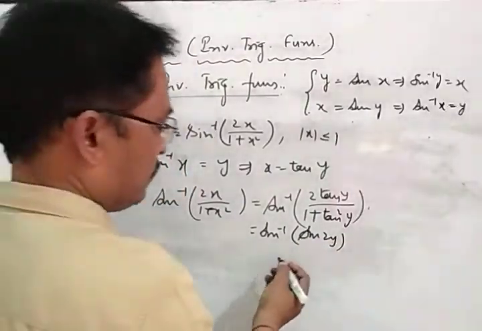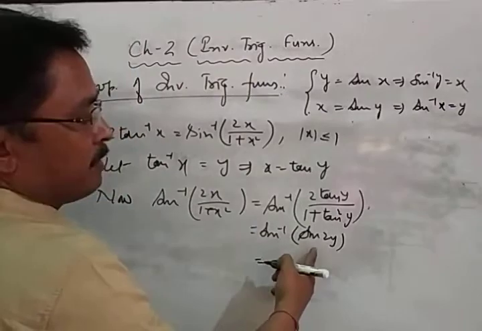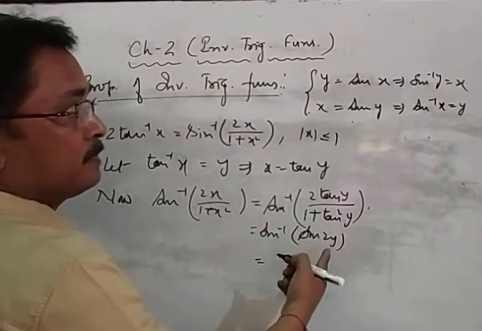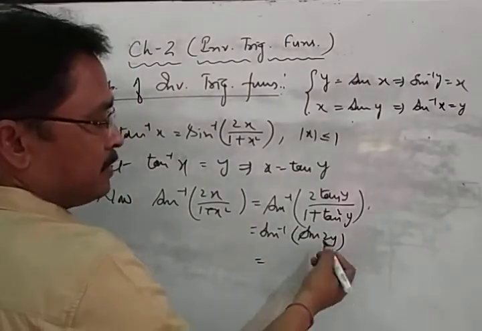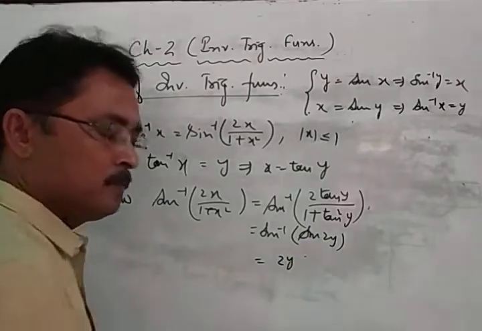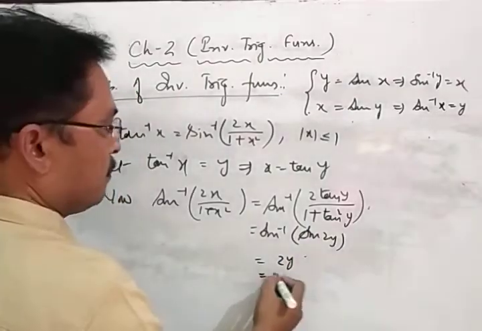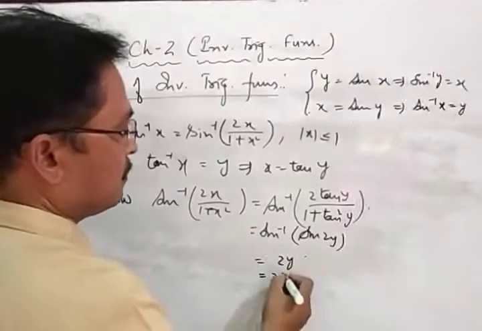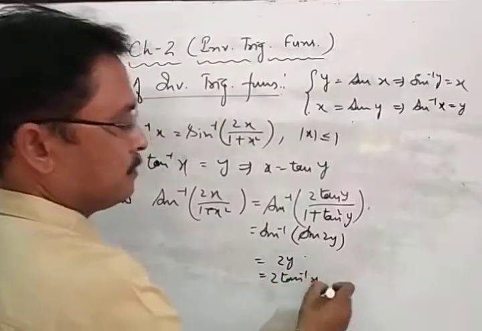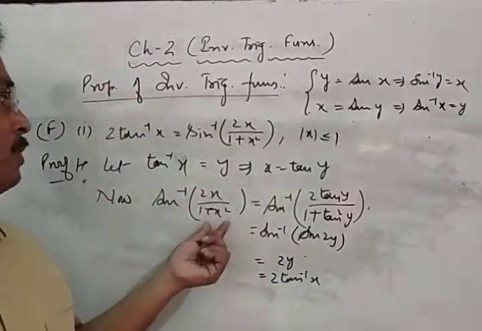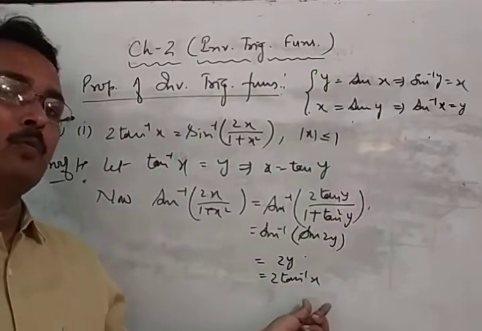Clear? Now sin inverse of sin 2y means 2y, or in place of y we can write tan inverse x. Proved? So sin inverse 2x upon 1 plus x square equal to 2 tan inverse x.